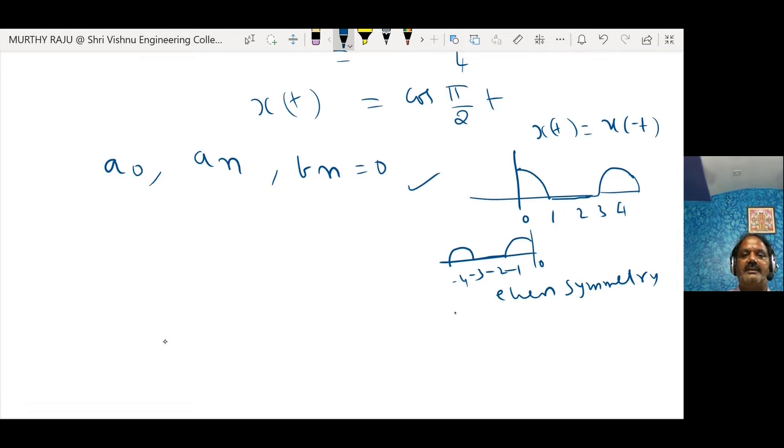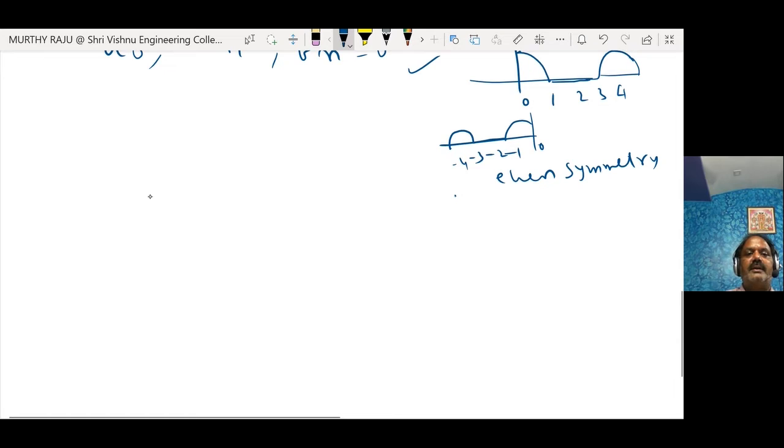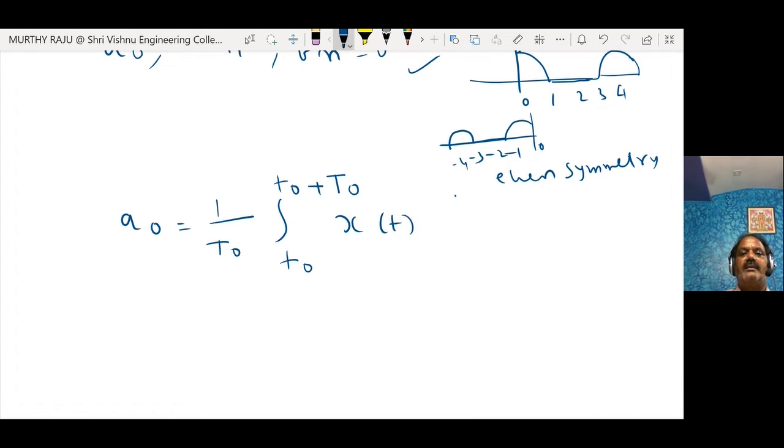Now find out a naught. The formula is a naught is equal to 1 by T naught times the integral from small t naught to small t naught plus capital T naught of x of t dt.